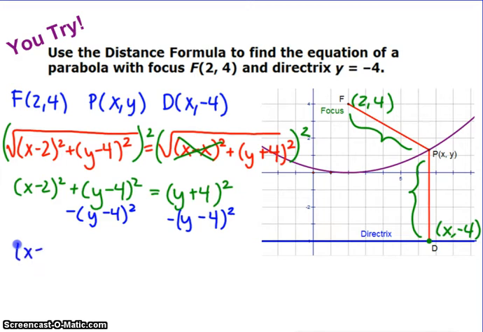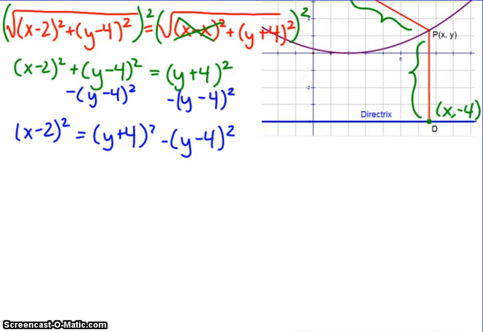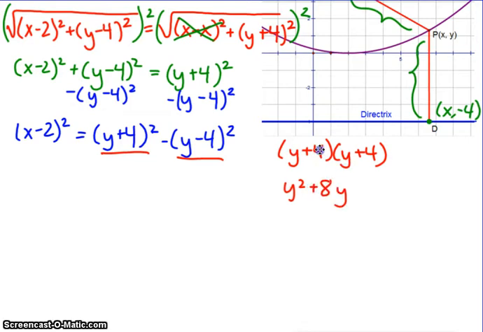So we have x minus 2 squared equals y plus 4 squared minus y minus 4 squared. We actually have to take these two binomials and expand them either by the distributive property, FOIL, or box method, whatever makes you happy. So y plus 4 squared is going to be y squared plus 4y plus 4y, which is 8y. And then 4 times 4 is 16.